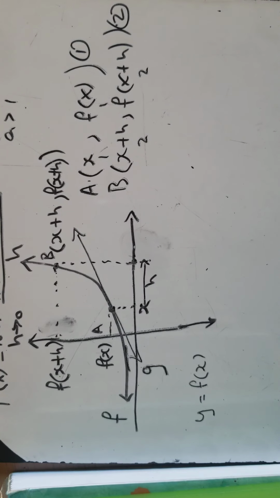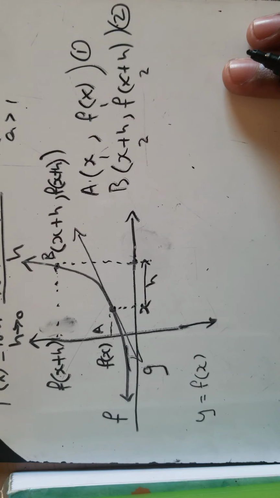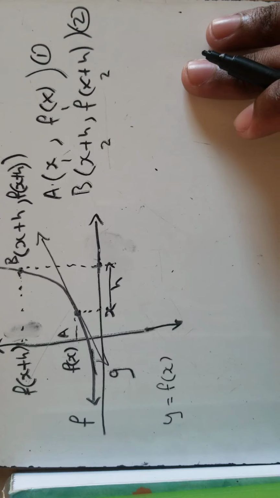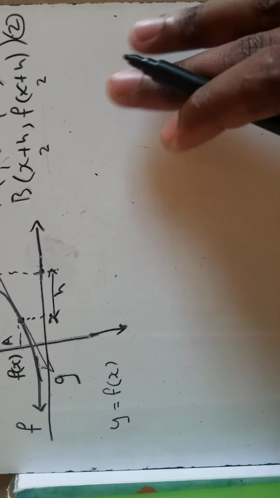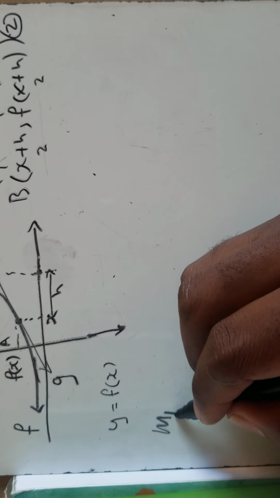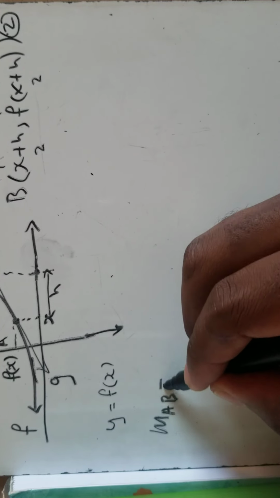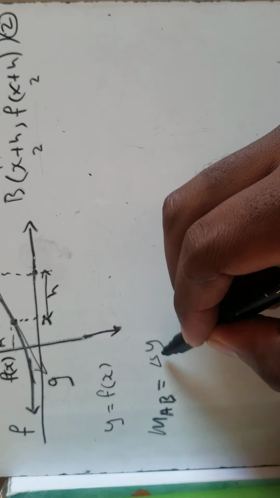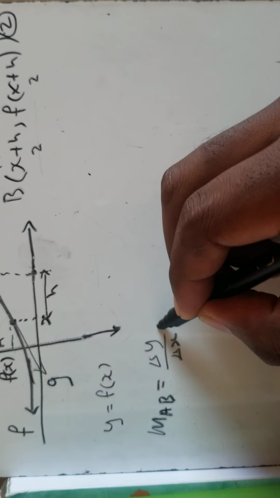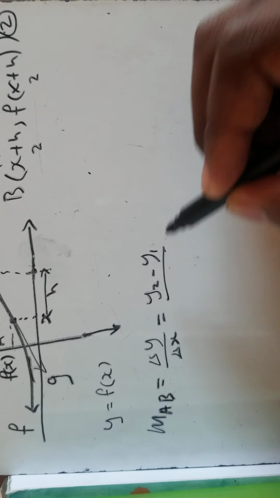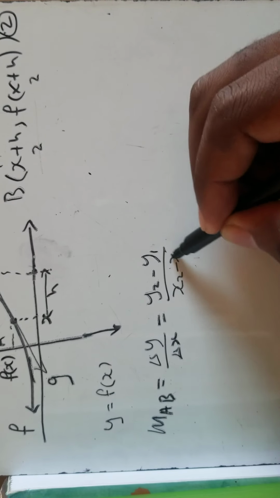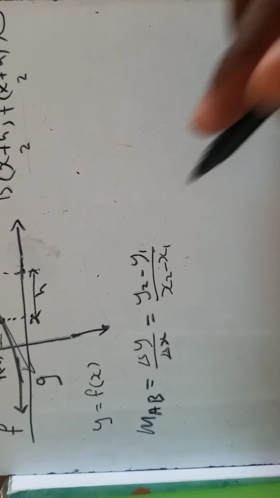So what we do is, firstly, find the gradient between 2 points. We know that the gradient between A and B is given by the formula change in y over change in x, which means it's y2 minus y1, all divided by x2 minus x1, right?